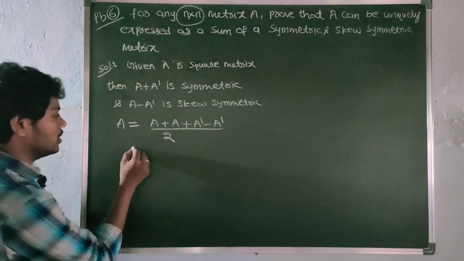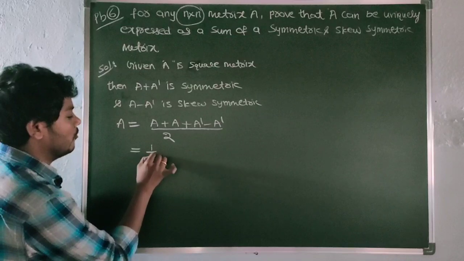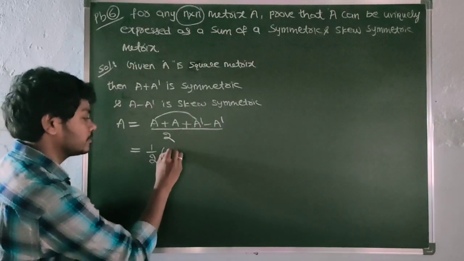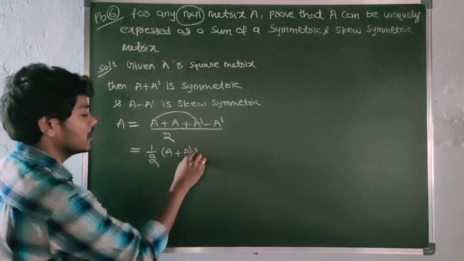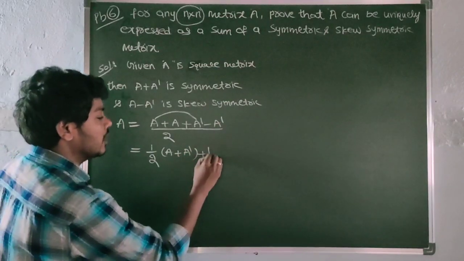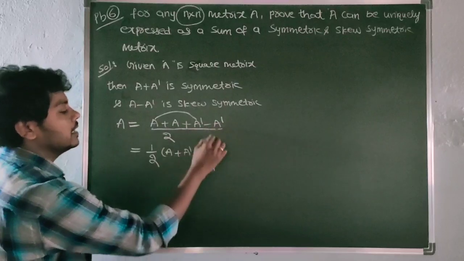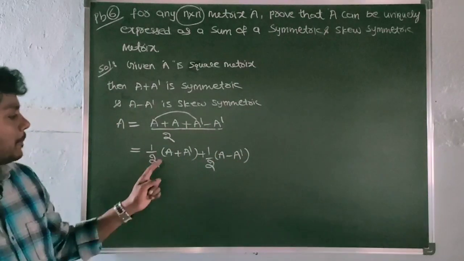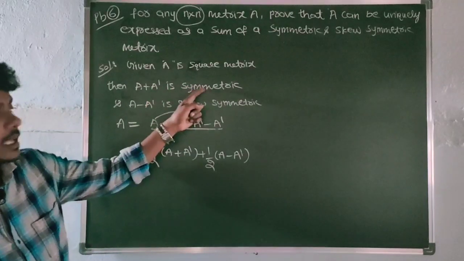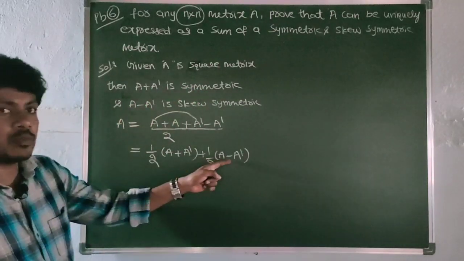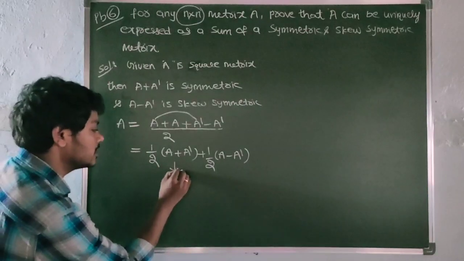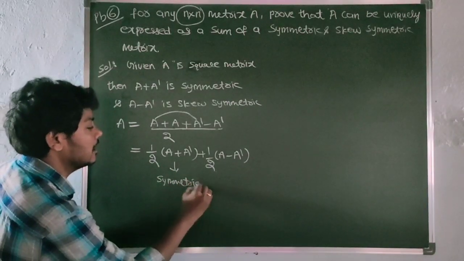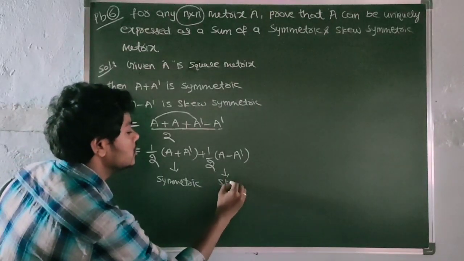Now this is 1 by 2 into A plus A transpose, next plus 1 by 2 into what is the remaining, A minus A transpose. But A plus A transpose is what? Symmetric. And A minus A transpose is what? Skew symmetric. So this is symmetric, and this is skew symmetric.